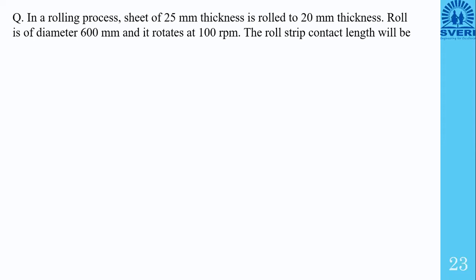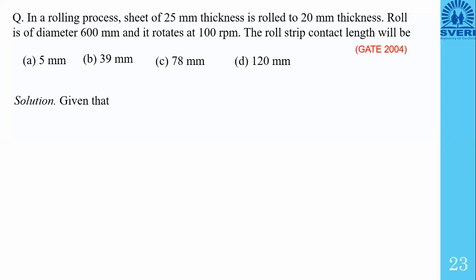This is the example previous to that. Again, here you have to calculate L, the roll strip contact length. What is the formula of L? L is root of R multiplied by (Ti minus Tf). These are the options for this particular example.